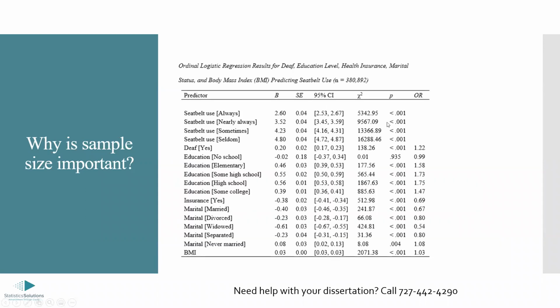Now, there is a caveat to this. You don't want to have a massive sample size either. As I've given an example here of a logistic regression, this sample had 380,000 cases. So when you have a really large sample size, you're going to find significance almost for everything.